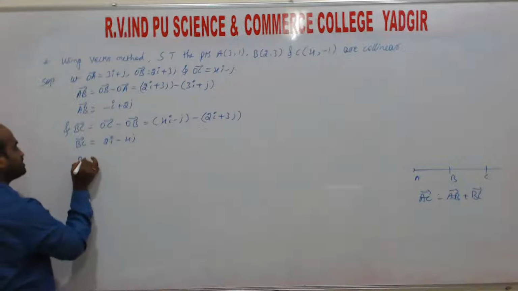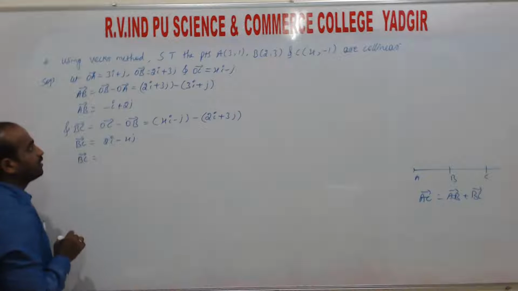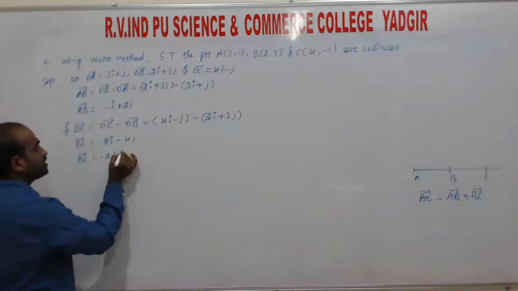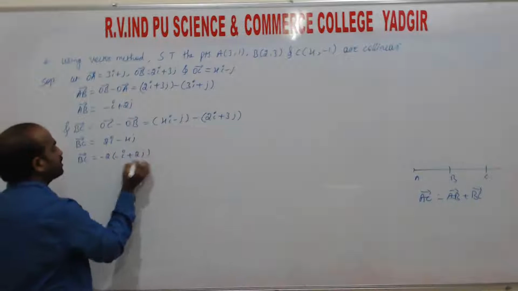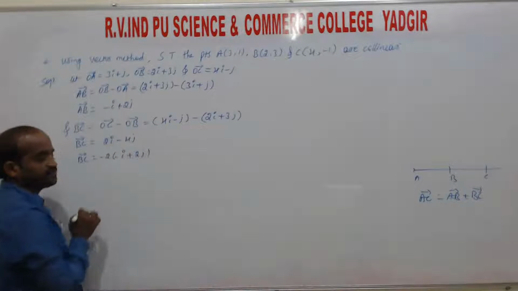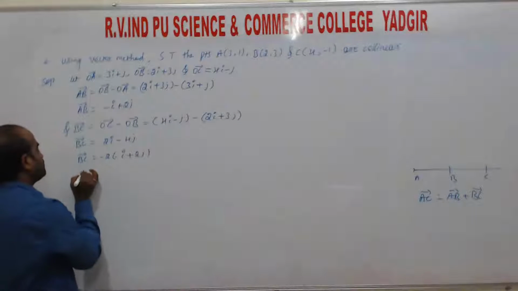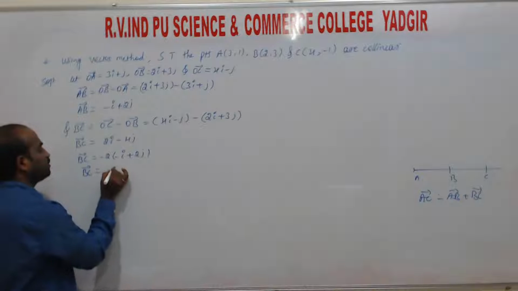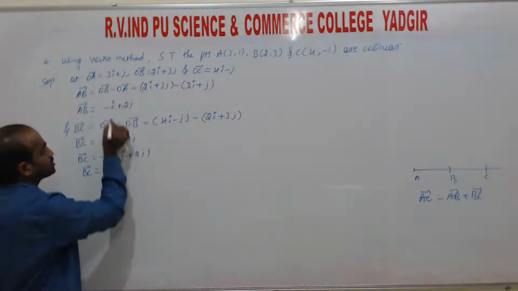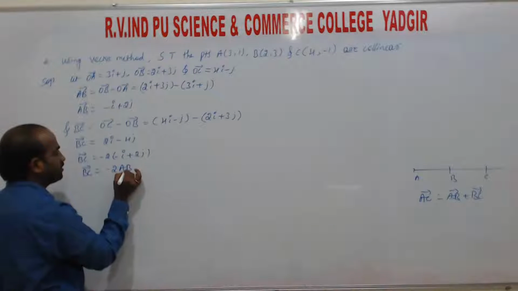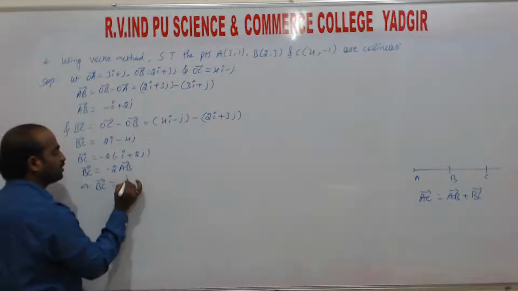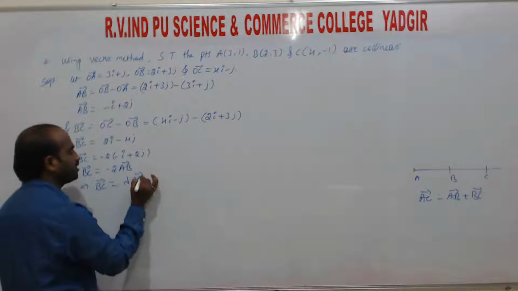Observe that in this BC vector, minus 2 is common: minus 2 into (minus i plus 2j), which is minus 2i plus 4j. BC vector is equal to minus 2 into what? AB vector, since minus i plus 2j is the AB vector. This means BC vector is equal to lambda times AB vector.